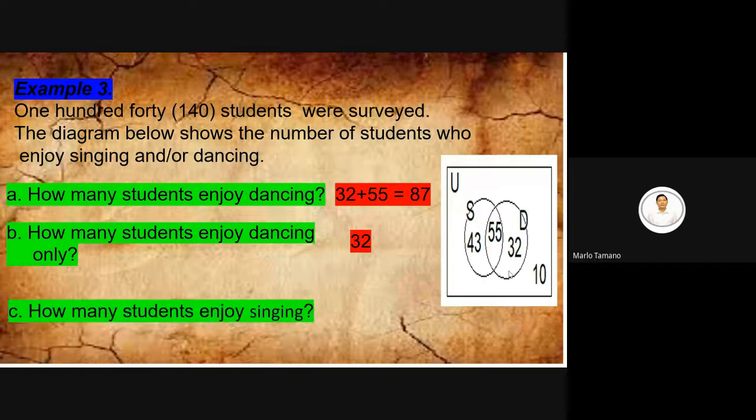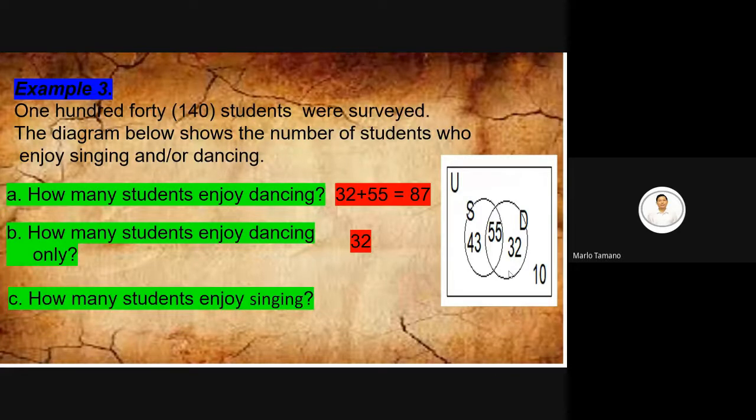Next question, we have letter C. How many students enjoy singing? Chang. Enriquez po. Mateo, sir. Nauna si Chang. 43 po. Oh, how many Enriquez students? De la Cruz po, sir. 93. 98 po.